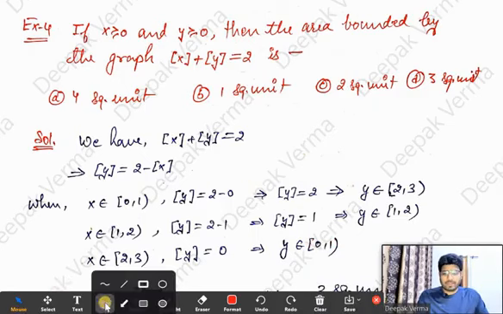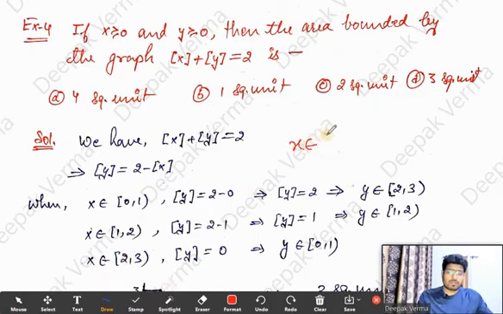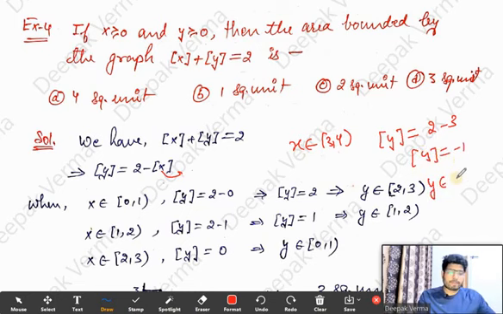Now if we take x belongs to 3 to 4, then [x] will be 3, and [y] will be 2 minus 3, so we will get [y] equals minus 1. Then y will belong to minus 1 to 0.